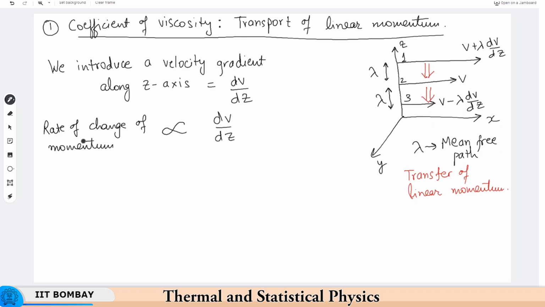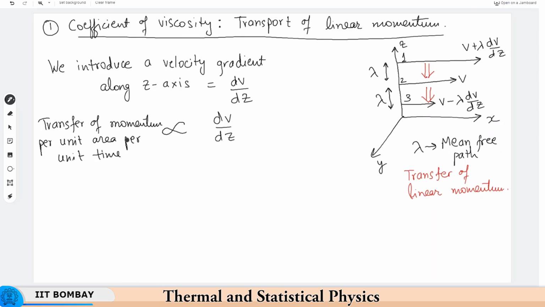So maybe we can define it in this way: the change or transfer of momentum, I mean linear momentum, per unit area per unit time.